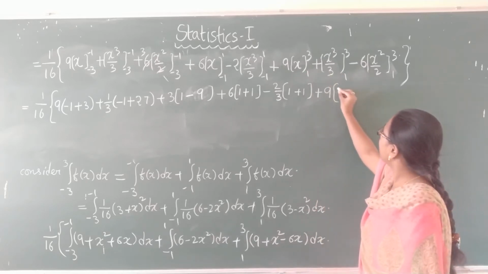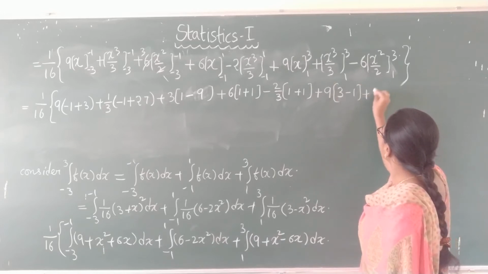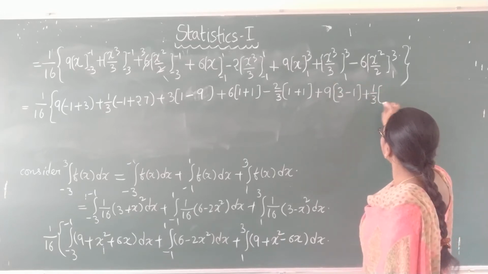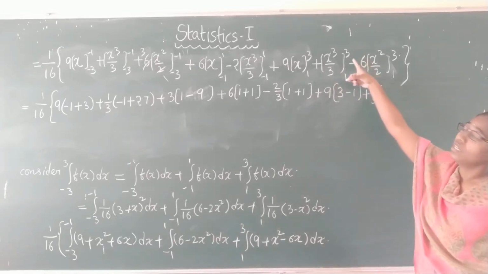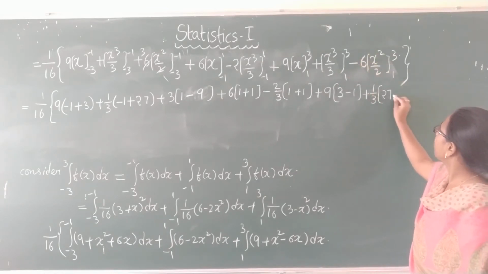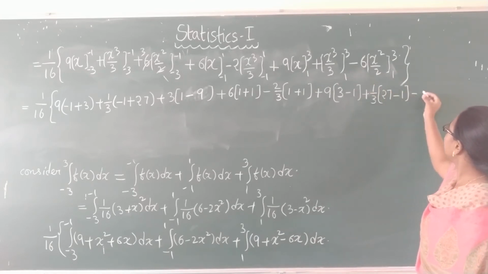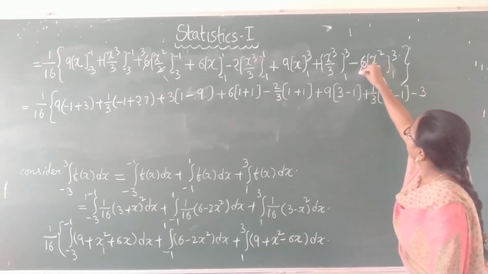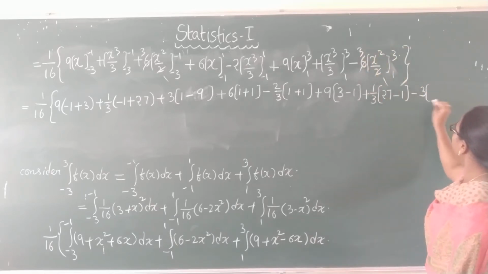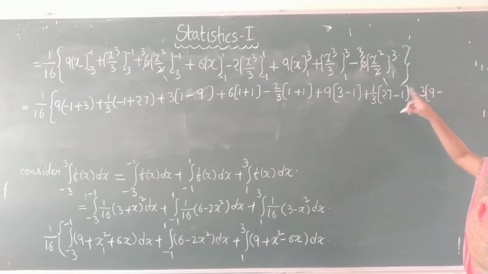So upper limit is 3, lower limit is 1. So 3 minus 1, plus 1 by 3 is constant. So x cube upper limit is 3. 3 cube is 27 minus 1 cube is 1, minus 6 by 2 means 3. 3 into x square, upper limit is 3. 3 square is 9, 9 minus 1 square is 1.